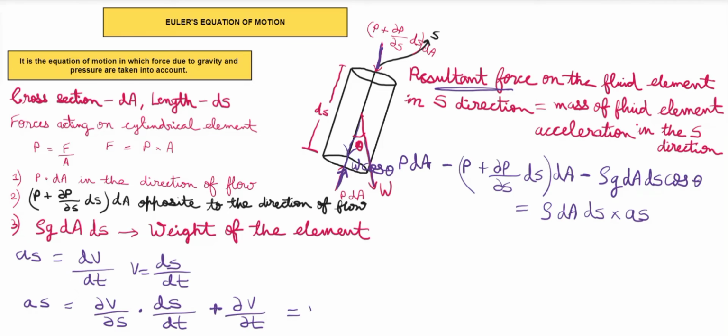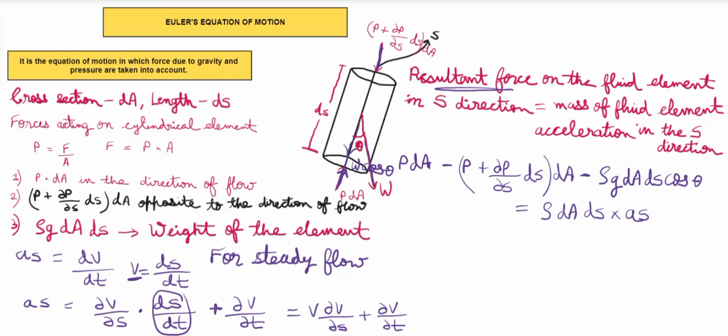Now a_s will be equal to del v by del s into this ds by dt is equal to v. So we'll write it as v into del v by del s plus del v by del t. Here the flow is steady, and for steady flow del v by del t will be equal to 0. So we'll write a_s equal to v into del v by del s, because we have del v by del t equal to 0.